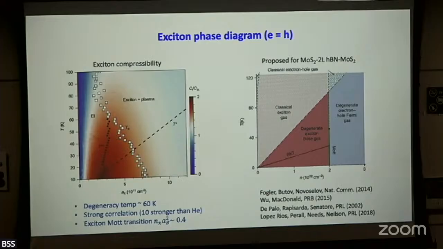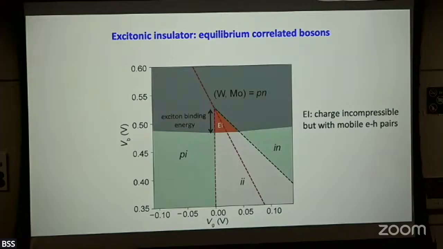Just a follow up on this question. In that small red triangle, because you can't inject either electrons or holes, the condensate fraction is 100% at zero temperature: 100% are in electron-hole bound states. But above this, in the gray region, can you still have some excitons, but also mobile electrons?